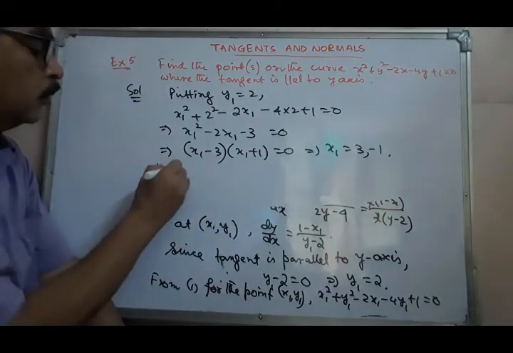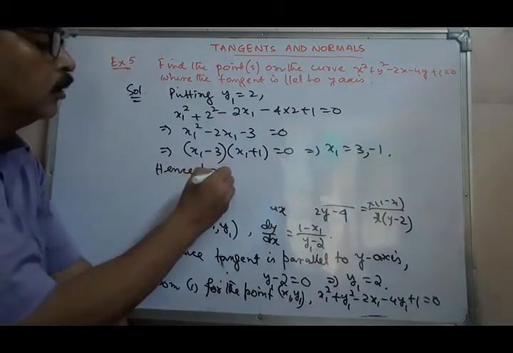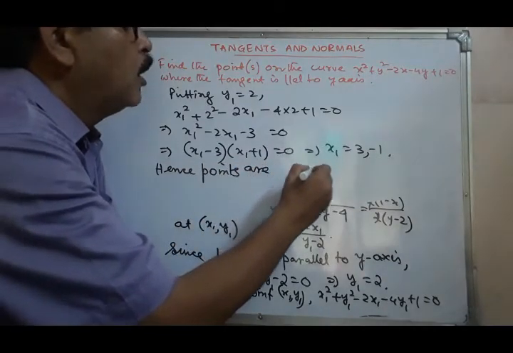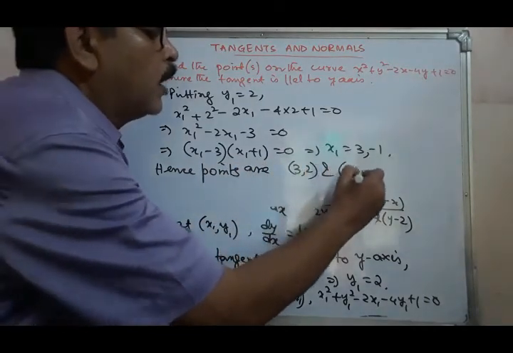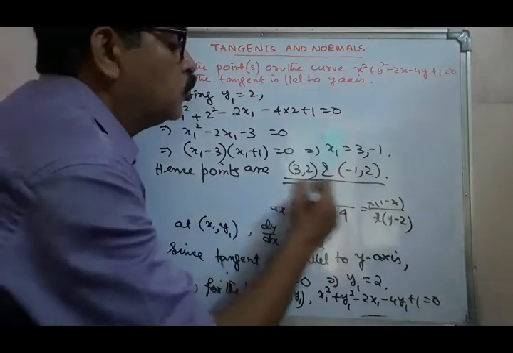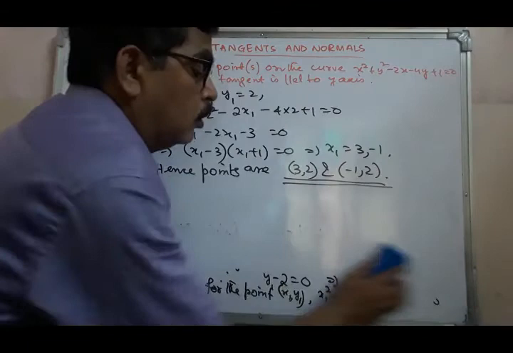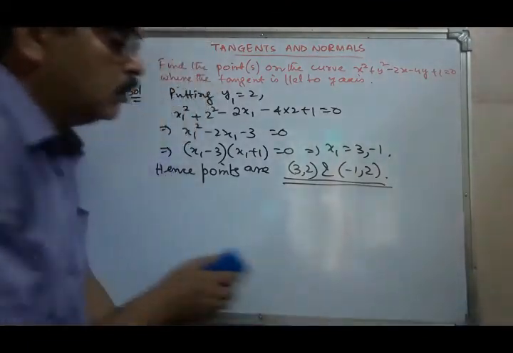Hence points are (3, 2) and (minus 1, 2). So this is the answer.